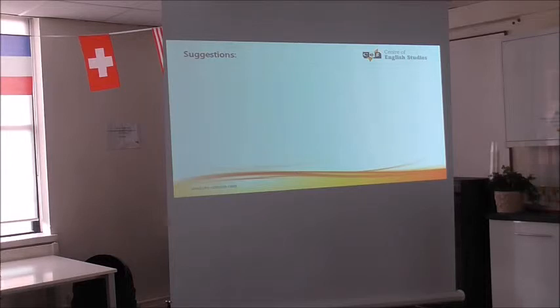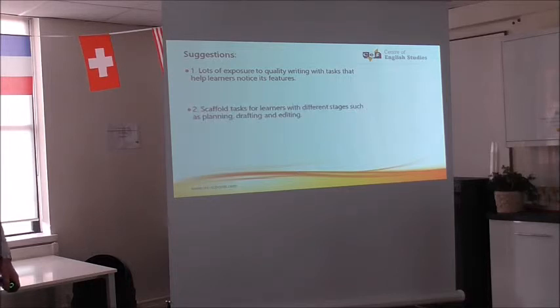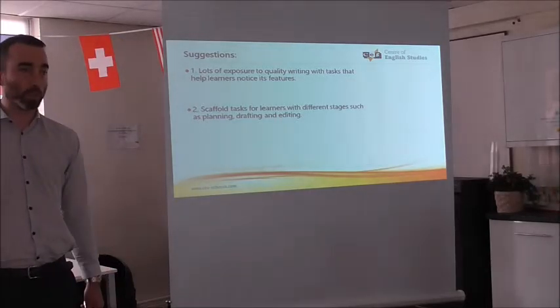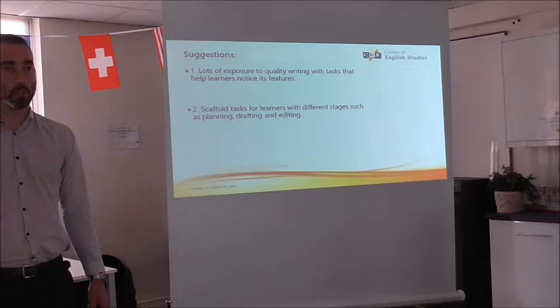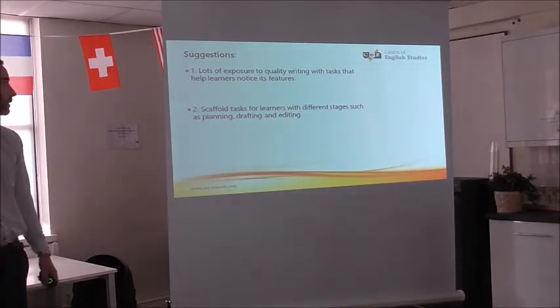So in keeping with the theme, I'm going to give you a limited amount of suggestions from this talk. So the first one is lots of exposure to quality writing with tasks that help learners notice its features. Then scaffold tasks. So students aren't expected to do too much too soon, so we can build things nicely for them from the planning stage right through to revising.